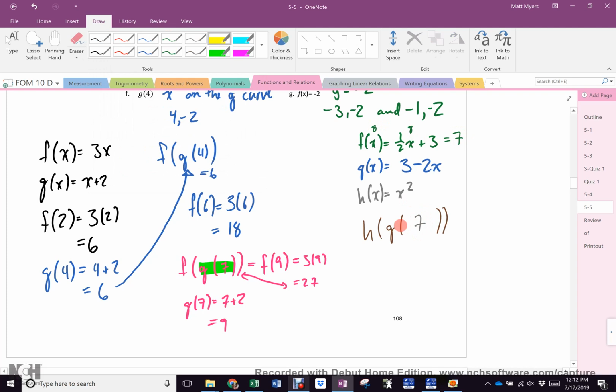Now I go to the inside and I do the g of 7. This is 7, so this is 3 minus 14, which is negative 11. So now the g of 7 is negative 11. So now I need the h of negative 11. So this becomes negative 11, this becomes negative 11, and the h of negative 11 is 121. So the h of the g of the f of 8 equals 121.